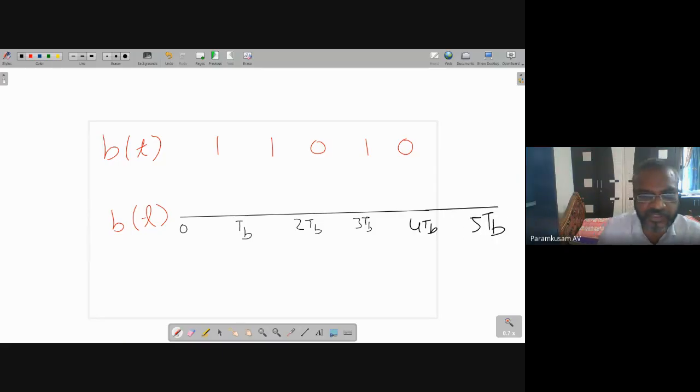That is bit duration. Bit duration. 0 to TB and 2 TB.